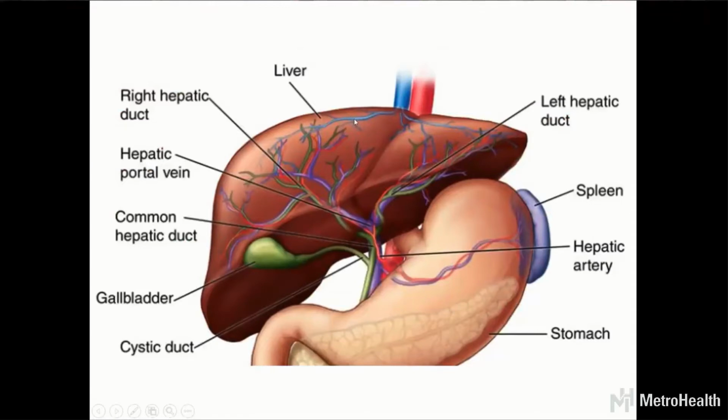The right one divides the anterior and posterior segments. The left one divides the medial and lateral segments of the left lobe, and the middle one comes right down through. Usually the middle vein comes off of the left vein. Those are the blood vessels draining the liver.